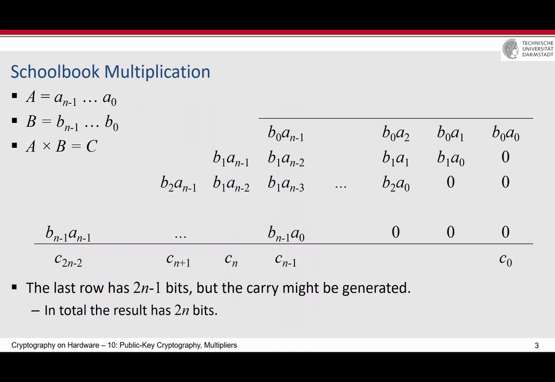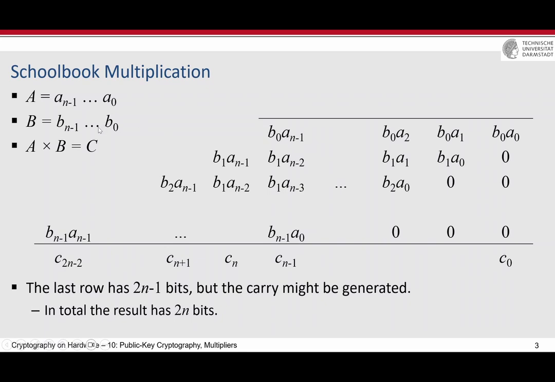Schoolbook multiplication, I guess you should be able to easily implement this. You have n-bit A and n-bit B, and you want to implement just the multiplication between A and B. At the moment, no modular multiplication. What you do, easy, you take the first bit of B, the LSB, and multiply it by all bits of A. You write B0A0, B0A1, B0A2 till B0A(n-1).